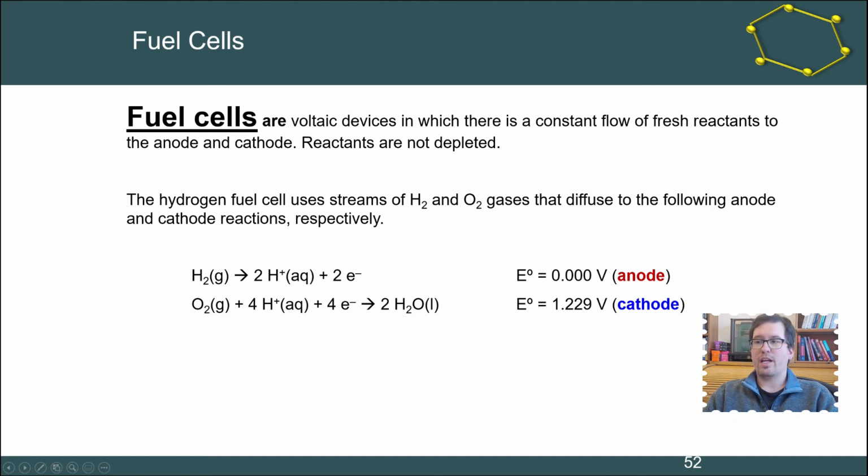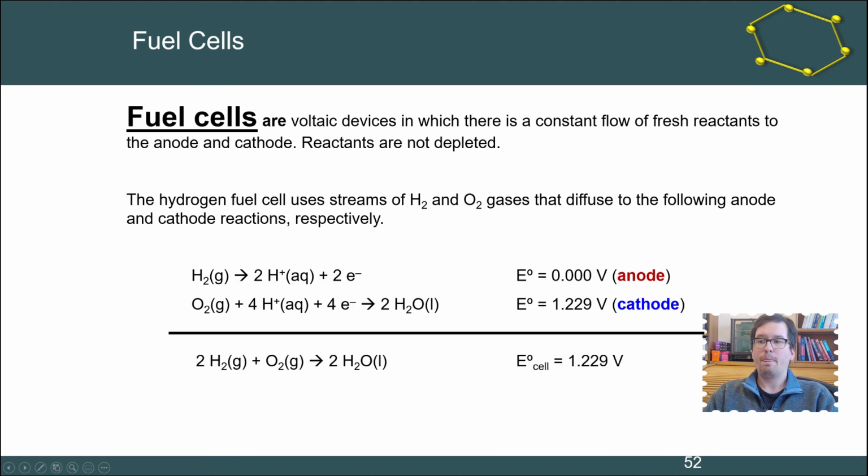So the overall reaction is pretty simple. 2 H2 plus O2 makes 2 H2O. That has a cell potential of 1.229 volts. So this is conveniently the reaction that we use to send stuff into space. It's very, again, thermodynamically favored. This is going to happen, and so we're taking advantage of that in a fuel cell to generate the electrons. So in this case, we have 2 times H2, so we'll have a 4 electron transfer to make all of this happen.